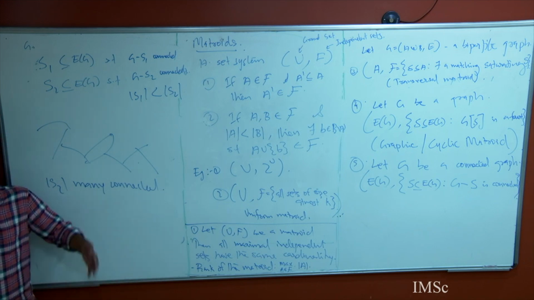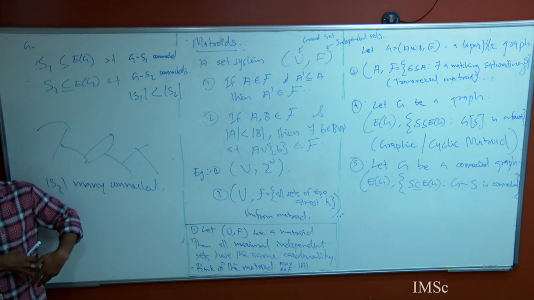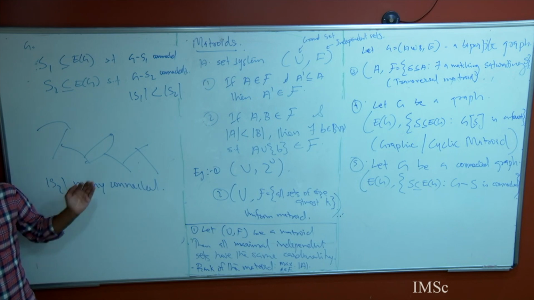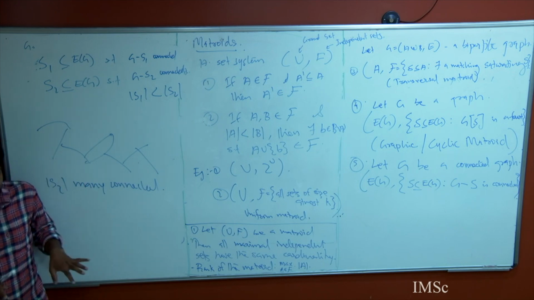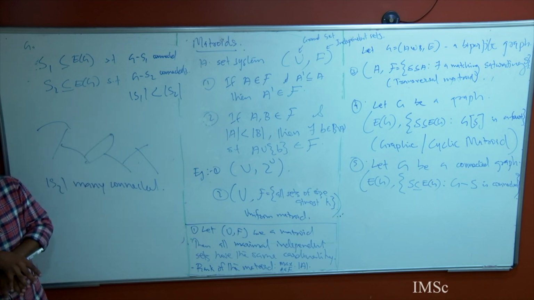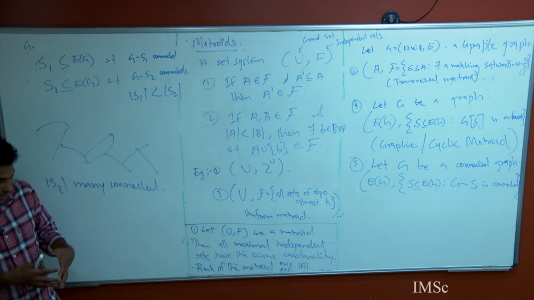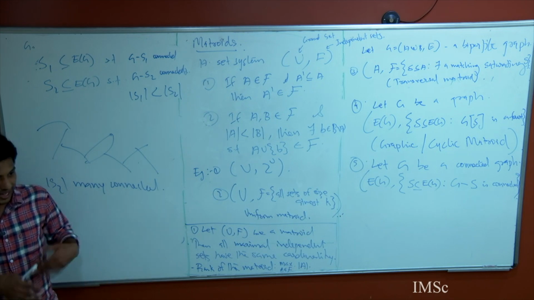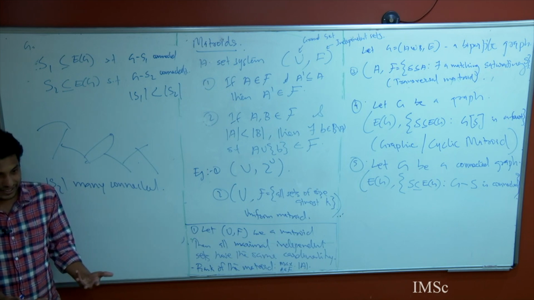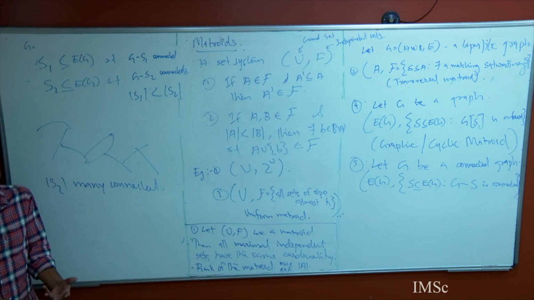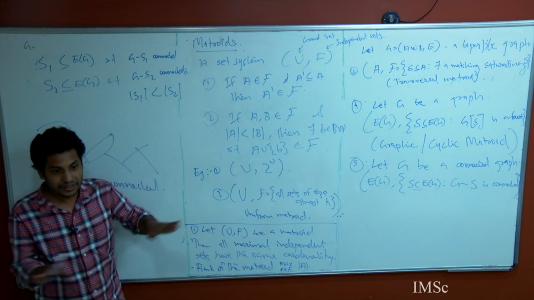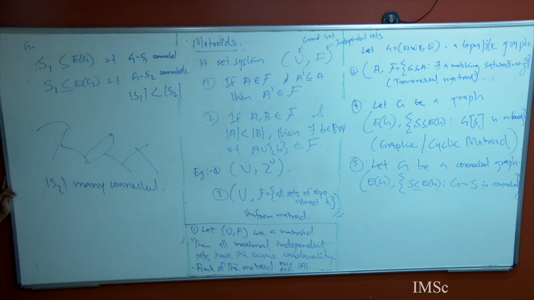Keep adding back the edges in S1, one by one. Each time you add one, the number of connected components decreases by at most one, right? And how many times do you do this? Mod S1, and still there are connected components, because you added mod S1 many edges and there were mod S2 components, so the graph will be disconnected. And what is the resulting graph you got now? G minus S2, right? And you claimed that this is connected, and that's a contradiction, right?